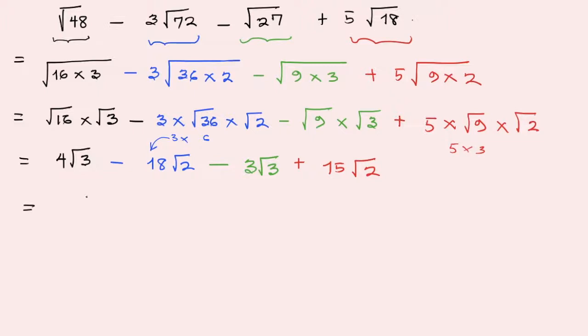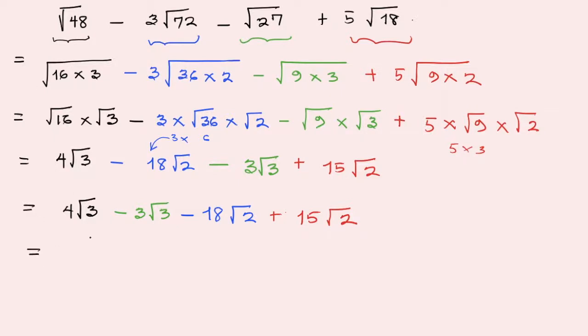So this is going to be equal to 4 root 3. Okay, we have another root 3 here, which is going to be minus 3 root 3. And then we have root 2, which is minus 18 root 2 plus 15 root 2.